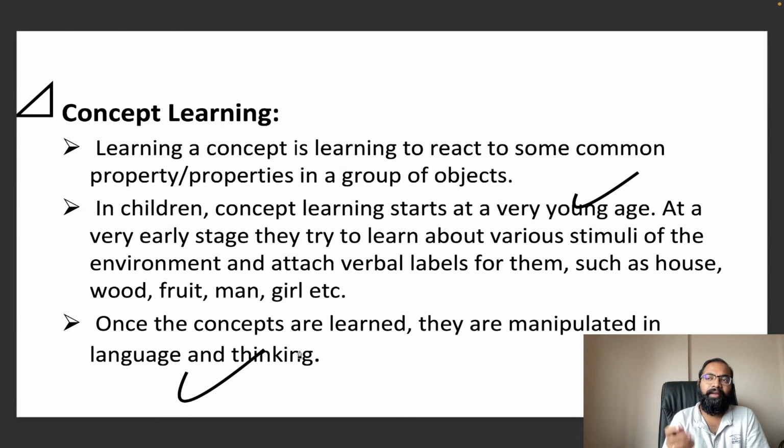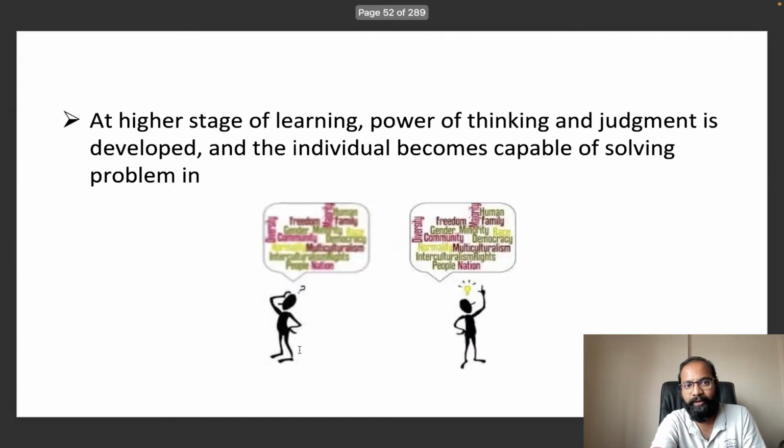That means if they see a bottle, okay, and they can relate that it is a bottle, then they will convert that into the different languages they studied, and then they start thinking also. And this type of conceptual learning leads to the reflective level also. What is the meaning of reflective level? Means inventing or discovering new things and all.